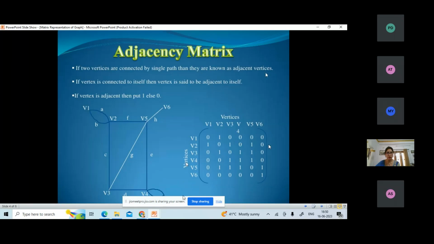The rest are all 0. For V3, how many adjacent vertices? V2 and V4, and V5 also. So this adjacent matrix is a matrix representation between vertices and vertices.